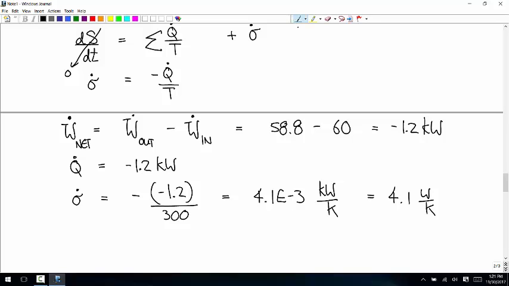Like what we were just talking about before, if you think about entropy as a measure of how hard it is to use the energy you have to produce work, then it makes sense that the higher the temperature, the easier it is. If you put energy into something at a very high temperature, it's pretty easy to get that energy back out, because you can use anything as a cold reservoir to produce work.